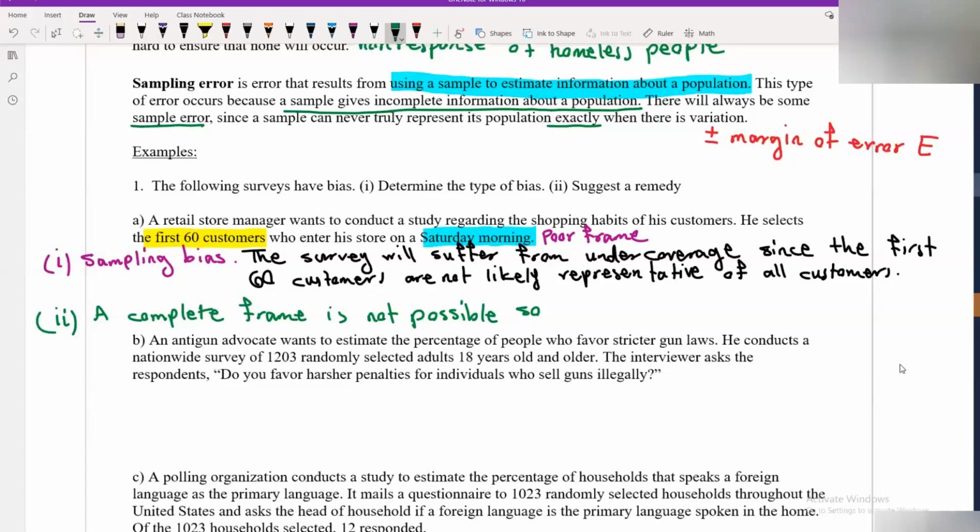It just says his customers. We can say all his customers, but it's not possible to find out what the population is. So it's better to use systematic sampling in this case.